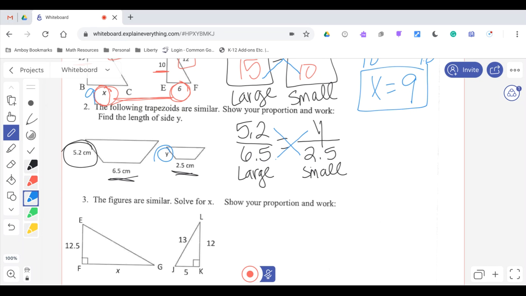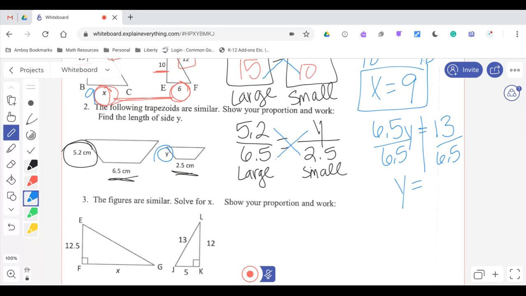So on one side, I'll have 6.5 times Y. And on the other side, I'll have 5.2 times 2.5, which is 13. I'm going to solve for Y by dividing by 6.5. And before I actually solve this, let's think about what do you think it should be.